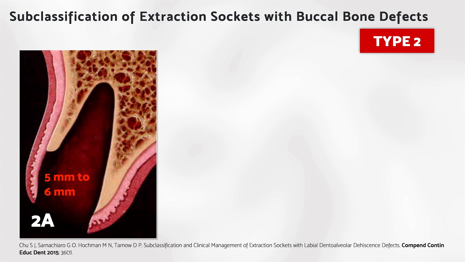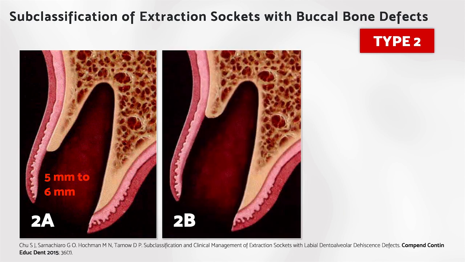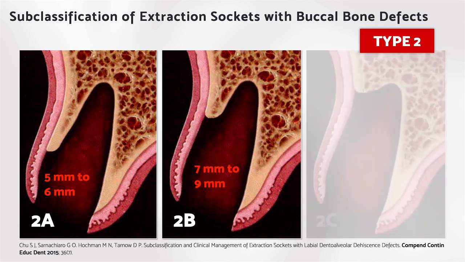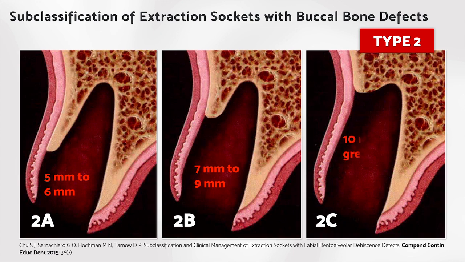2A, when the extent of the bone defects was between 5 to 6 millimeters in height. 2B, the bone defects between 7 to 9 millimeters at the buccal aspect, and 2C, 10 millimeters or greater than that.